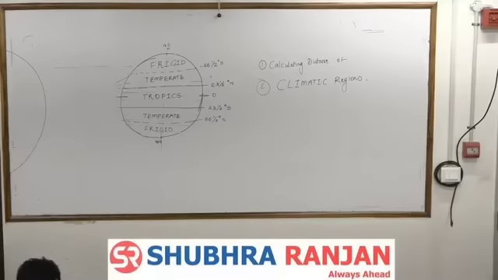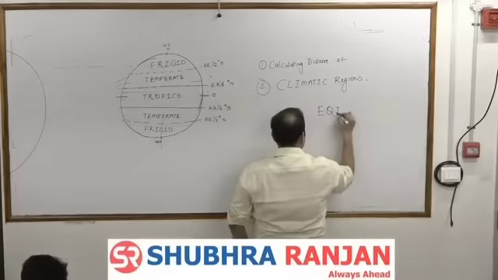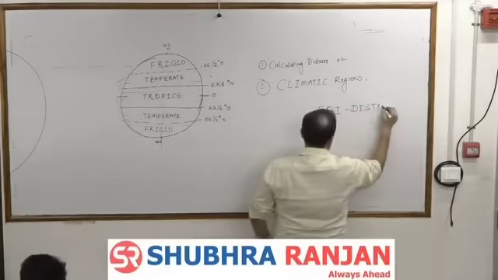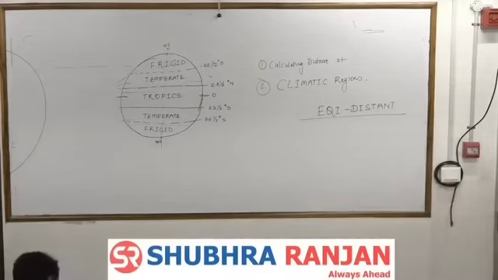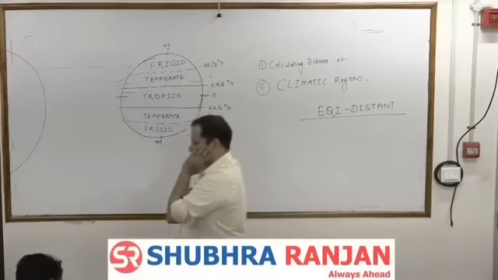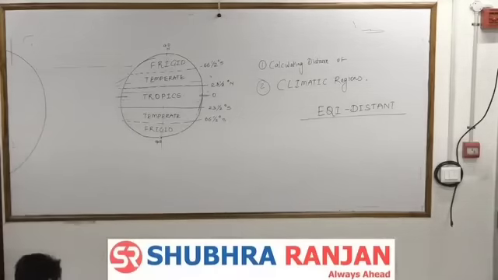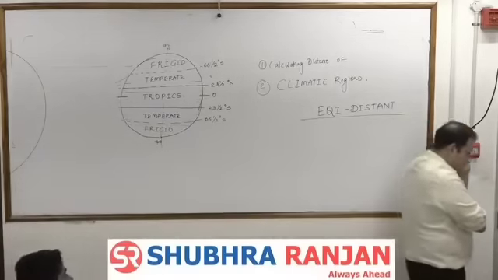As the latitudes are equidistant, equidistant means they are located at equal distance, that is the difference between the two latitudes is 111 kilometers.